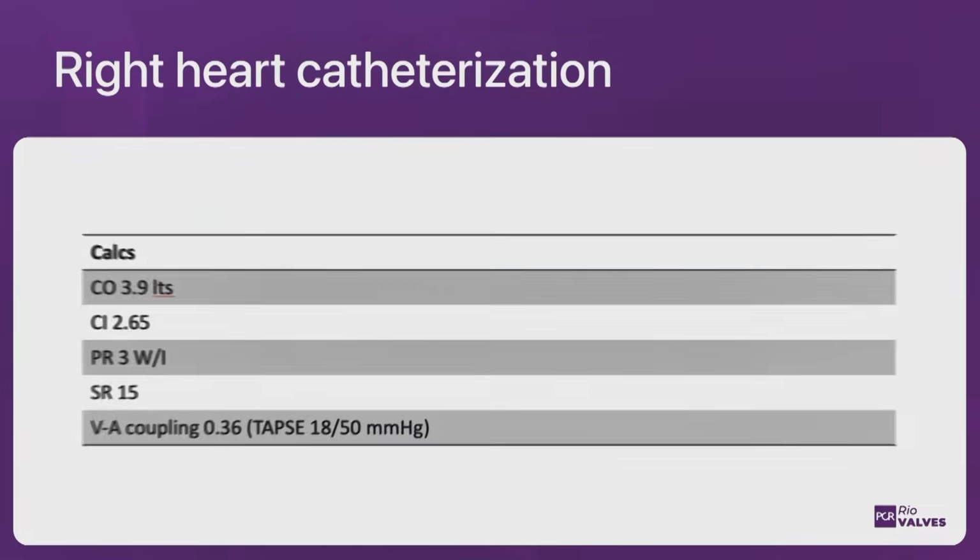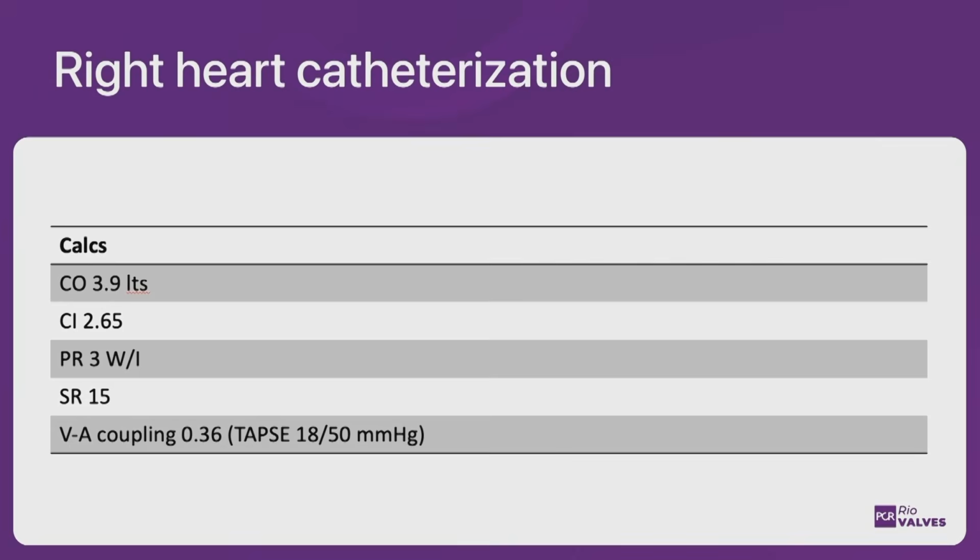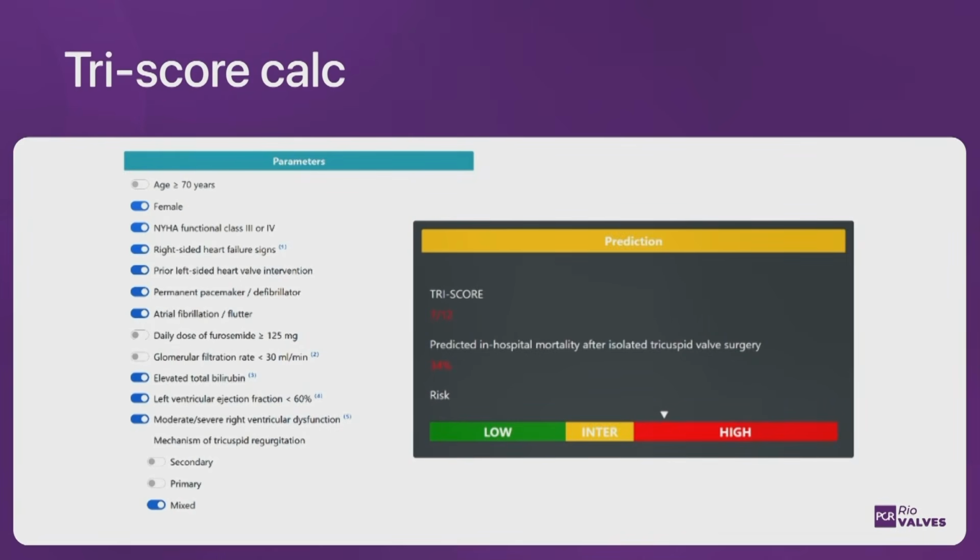Doing some math, you get a cardiac output of 4 liters and a right ventricle to pulmonary artery coupling of 0.35, due to a TAPSE of 18 over 50 of pulmonary artery pressure. If you calculate the TRI-SCORE, the risk of the surgery is very high. And this score does not take into consideration that the patient is low weight and also has chronic use of corticosteroids.